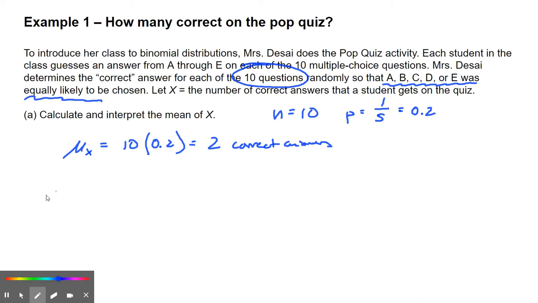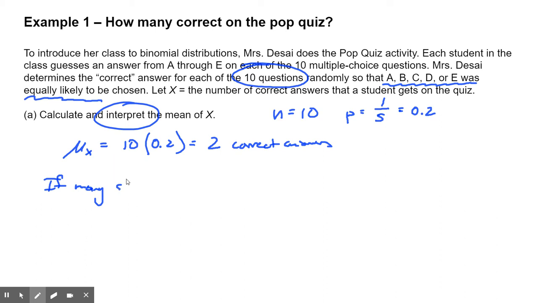So interpretation, right? If many, and again, remember, this is all long run, multiple repetitions, right? If many students took this 10-question quiz, and I like to include the 10 because it tells me how many total, right? If there were 100 questions and we only get 2 right, that's a little different than 10 questions and getting 2 right.